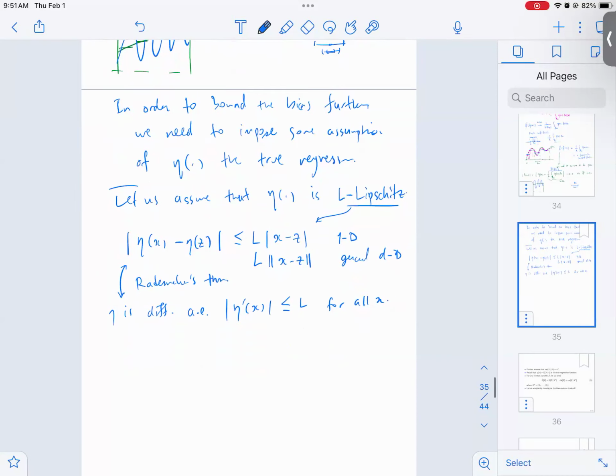Or in the D-dimensional case, the norm of the gradient is bounded by L. So the derivative is bounded.